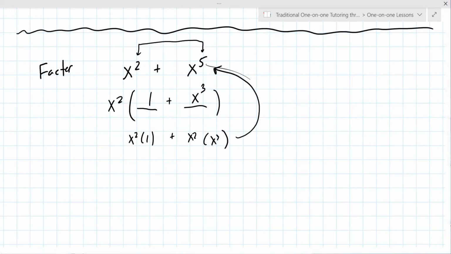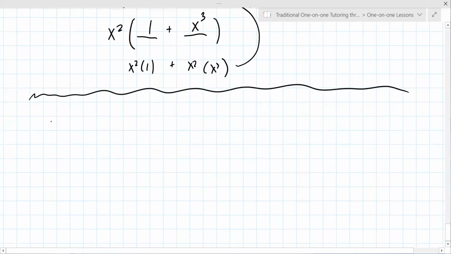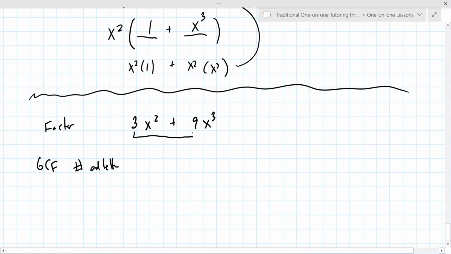Yes. All right. Okay, so here's the problem we're trying to get you to do now. This is like a legitimate problem you might see in your class. 3x squared plus 9x cubed. So the greatest common factor is both a number and a letter. So you have to look at 3 and 9 and decide, what's common between them?